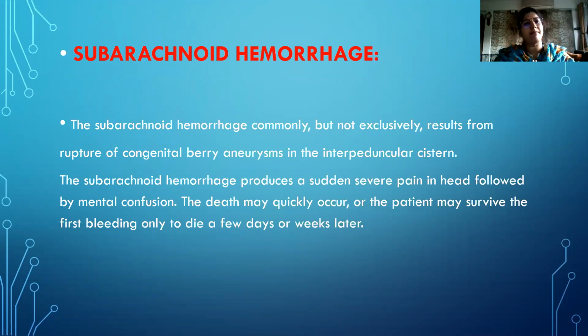Subarachnoid hemorrhage is commonly, though not exclusively, the result of rupture of a congenital berry aneurysm, because head injuries can also cause subarachnoid hemorrhage. These are in the interpeduncular system and produce severe pain in the head followed by mental confusion that may occur before or afterwards.